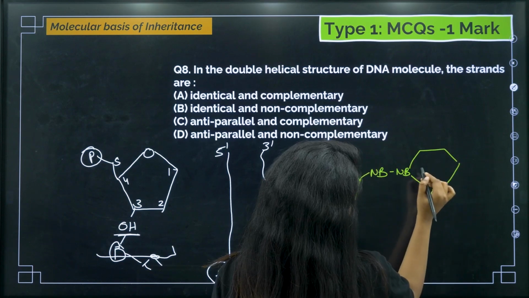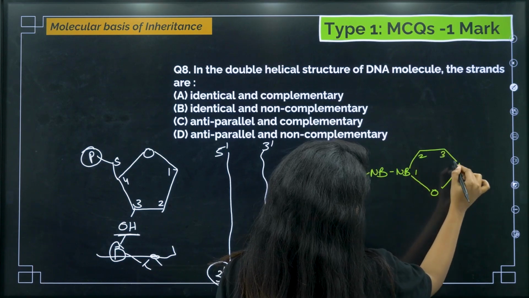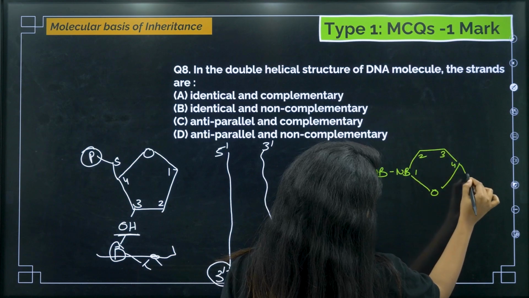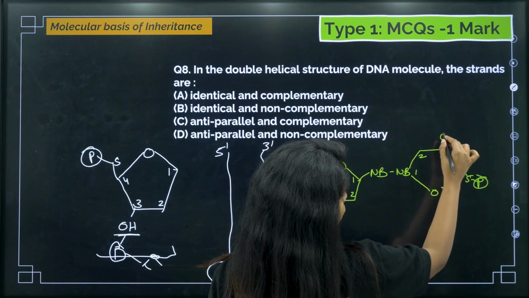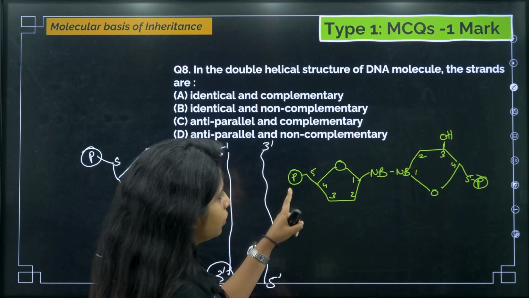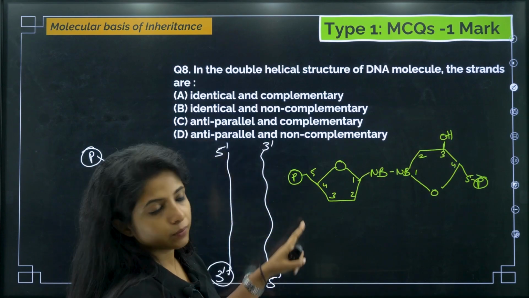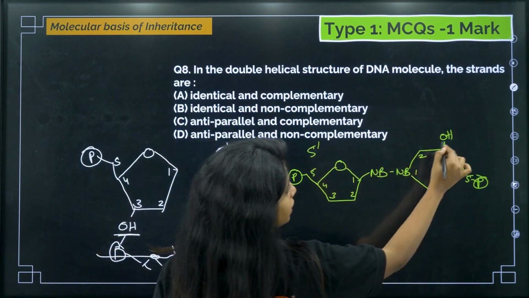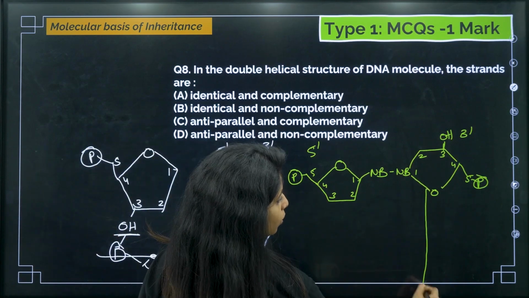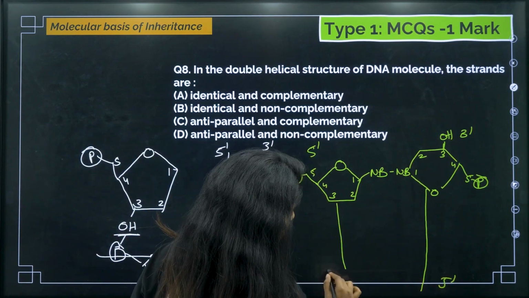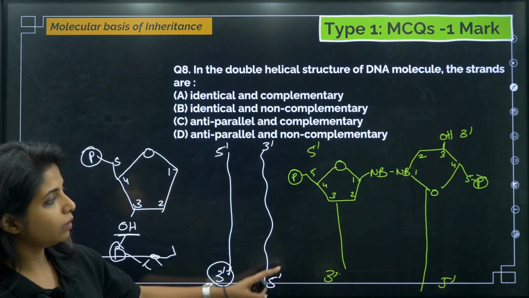This will be the 1st, 2nd, 3rd, 4th, and this will be the 5th with the phosphate group. So here you see the 3' OH group is free, and here you see the 5' phosphate is free. So that's why we say this is the 5' end, and this is the 3' end. Similarly, if you take the opposite of this, you get 5' at the end, and here you get 3' at the end.